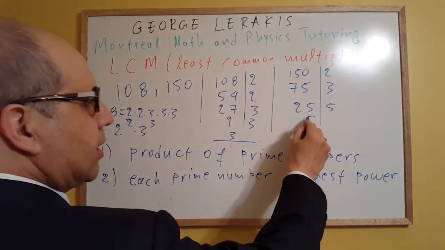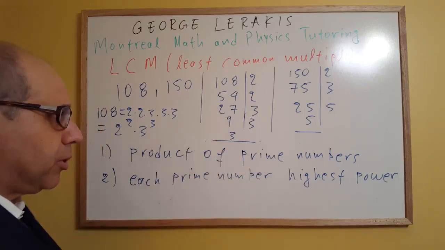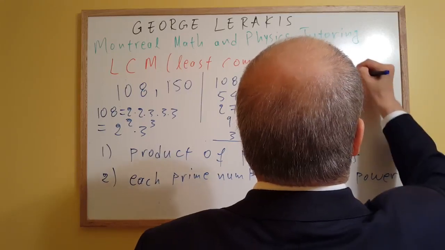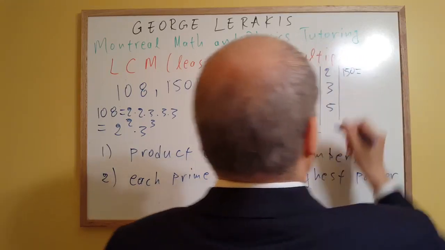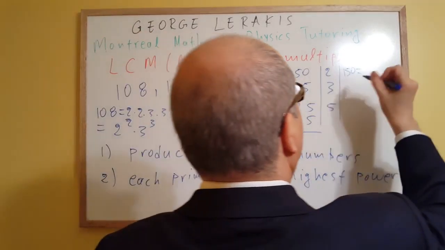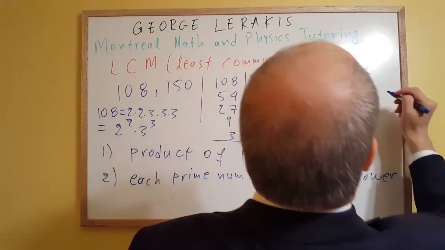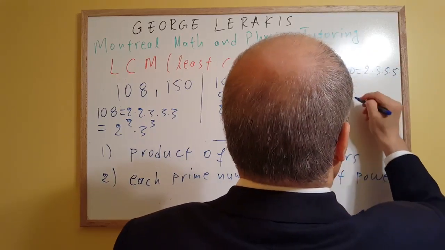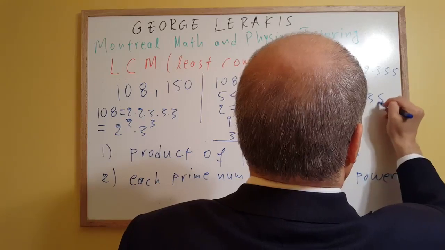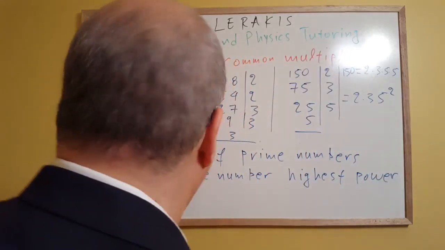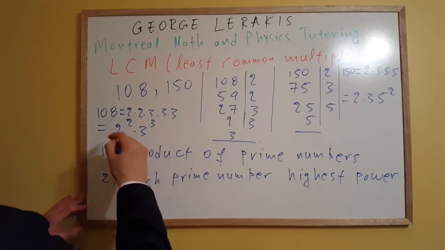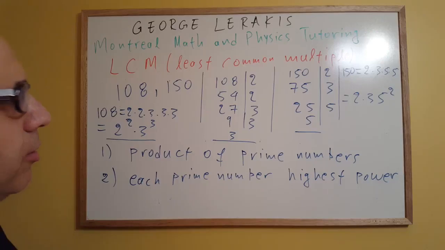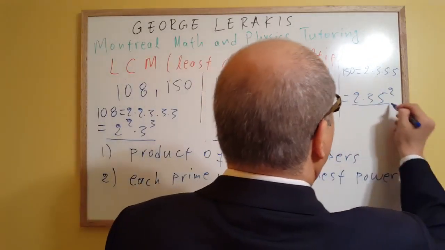As I said before, once this number is a prime number, we stop, and we can write 150 as a product of prime numbers, which is 2 times 3 times 5 times 5, or 2 times 3 times 5 squared. So that's it. I have 108 is 2 squared times 3 to the third, and 150 is 2 times 3 times 5 squared.